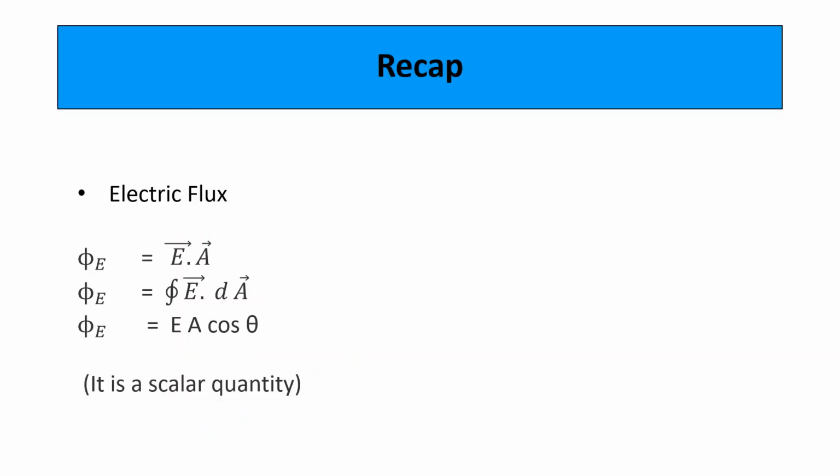In this session, we learned about electric flux. Electric flux is the number of lines of force passing through a given area. It is represented using the symbol phi. Phi E means electric flux. Phi E is equal to E dot A. If you are considering a small element dA, then you need to integrate.